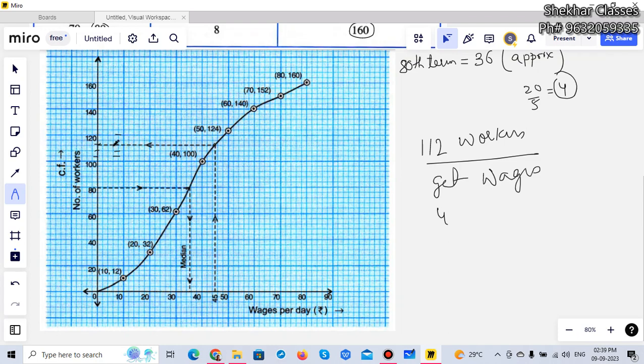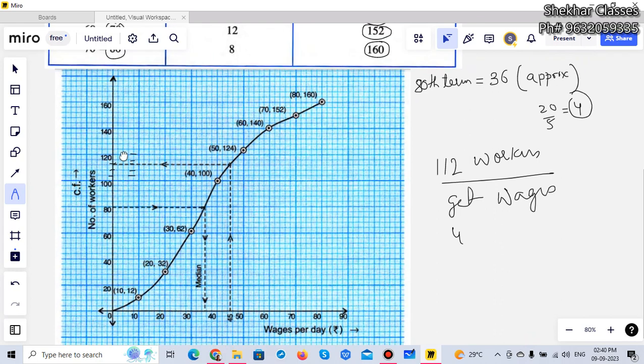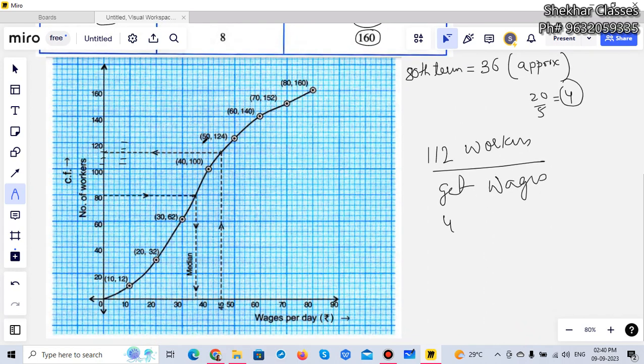So even those people who are making more money, more than 45 would be above that, right? Clear? So it will be how much? The answer we have to calculate here. See, how do we calculate this? Up to 112 people, they are getting wages less than 45. Above this, they are all getting from here to here.